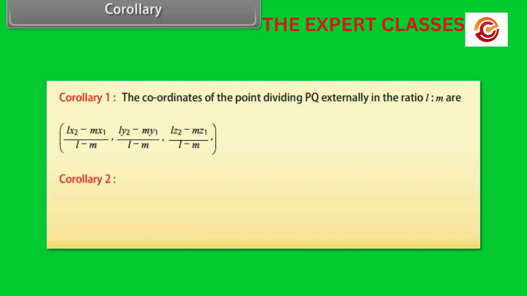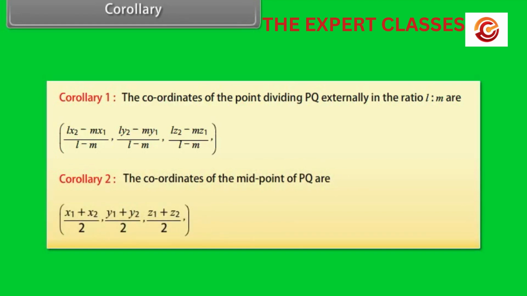Corollary 2. The coordinates of the midpoint of PQ are ((x1 + x2)/2, (y1 + y2)/2, (z1 + z2)/2).